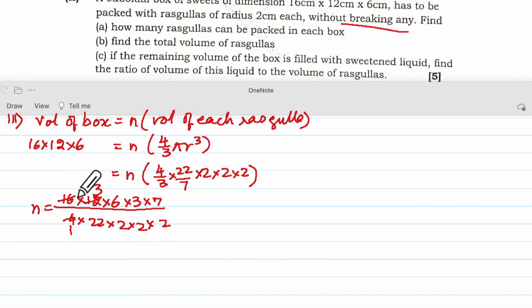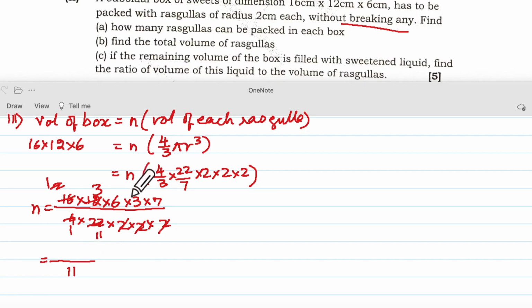16. This is 2, 2, 2, so this is 8. 8 twos. Then 2 ones and 2 11s. So how much am I getting here? 756 upon 22. Why not 11?